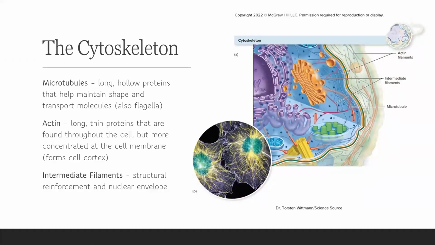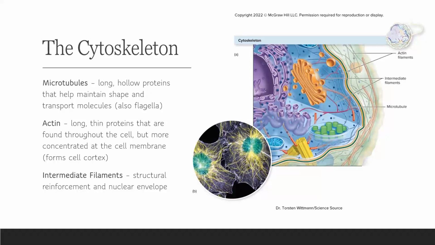There are three main types of proteins in the cytoskeleton. You have microtubules, which are very long, hollow proteins used to maintain shape and transport molecules, and you also see them in the 9+2 arrangement of the flagella.